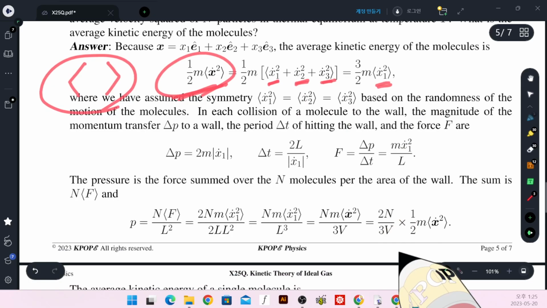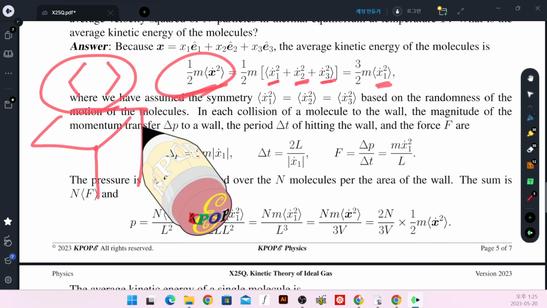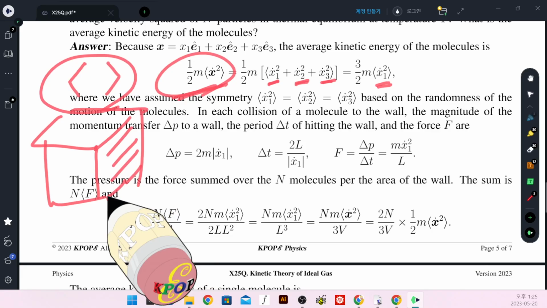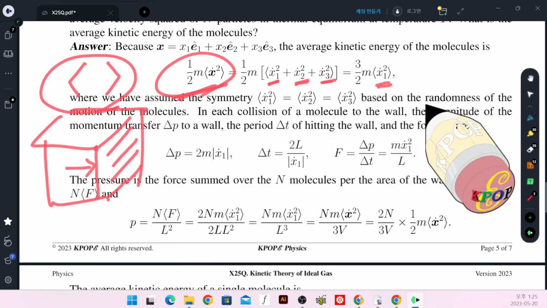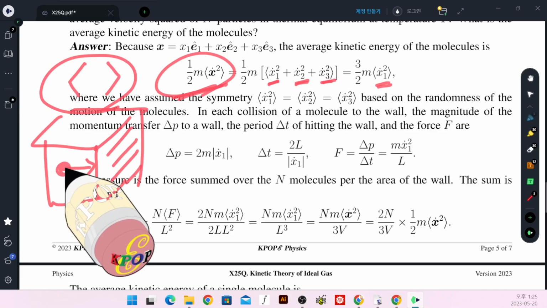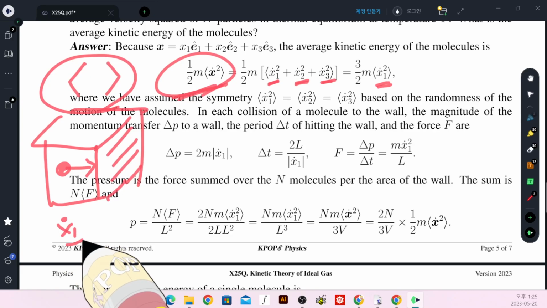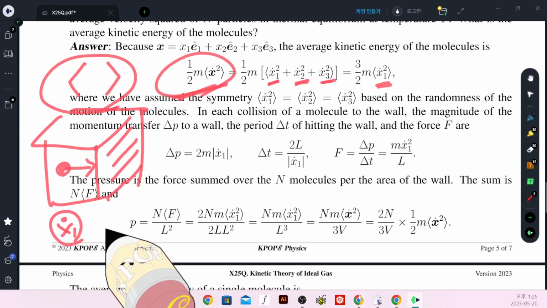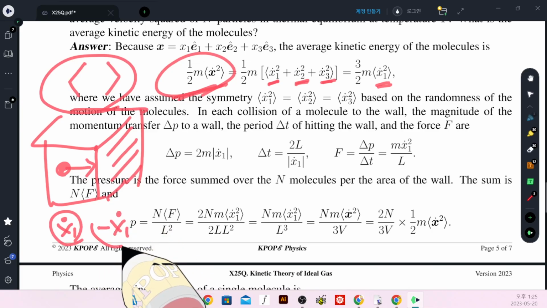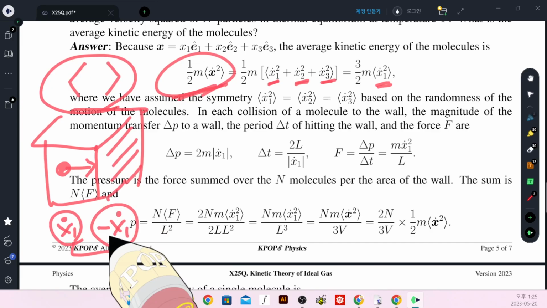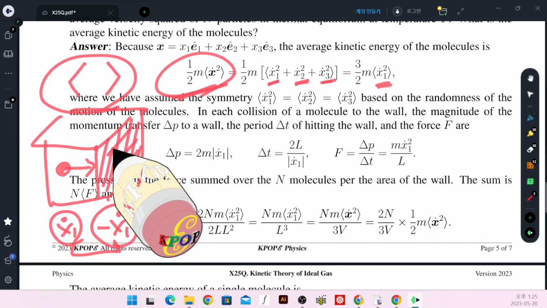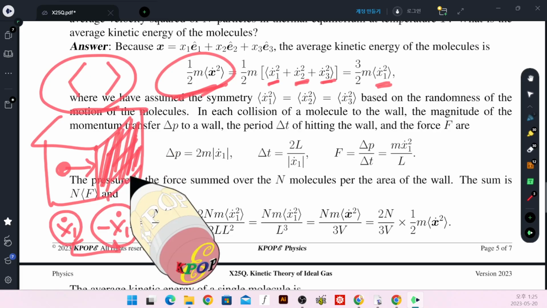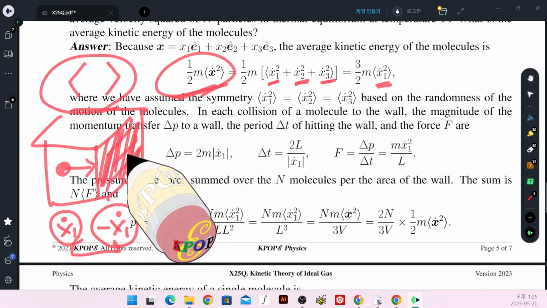One can compute the pressure on a wall by assuming that each collision is elastic. A molecule's velocity along the x-axis can be flipped into minus to keep the kinetic energy the same before and after the collision of the molecule against the wall.